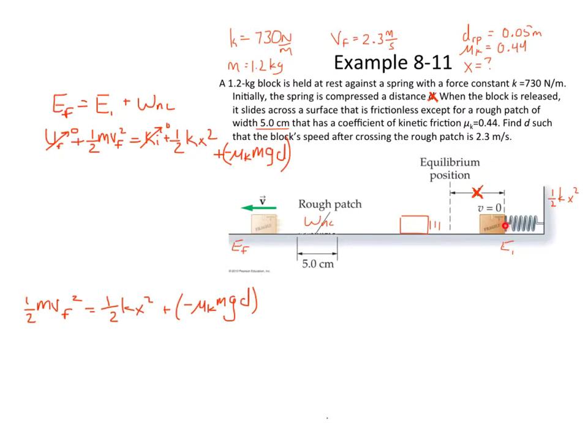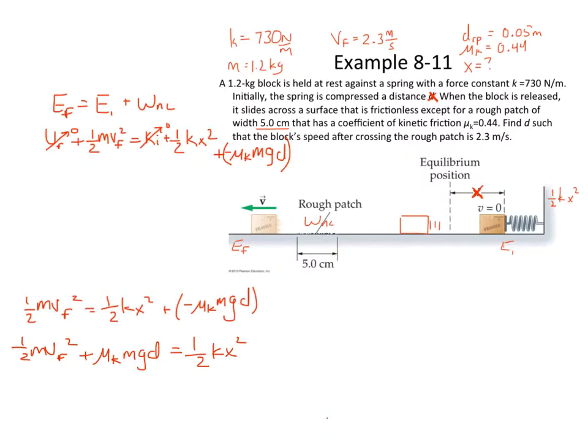Well, let's just go ahead and solve for this. This minus sign in the parentheses would make this plus negative, but if we want to get all this to the other side, we're going to have to add it to the other side. Does that make sense? So we're going to go 1/2 mv final squared plus mu k mg times the distance of that rough patch equals 1/2 kx squared.